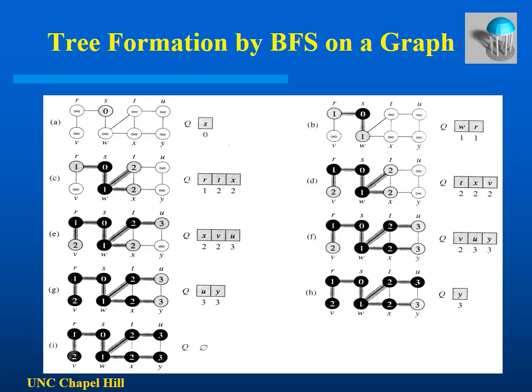Let us go through another example. A graph with 8 nodes shown in item A here. One of them, S, is the source node.